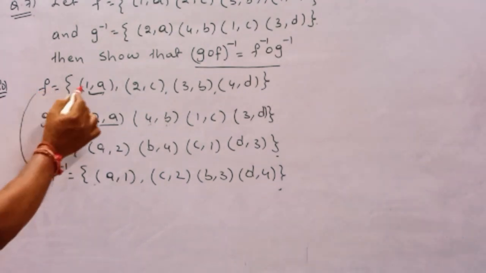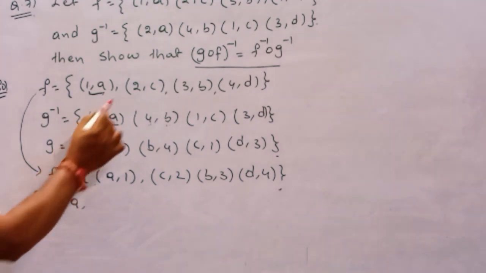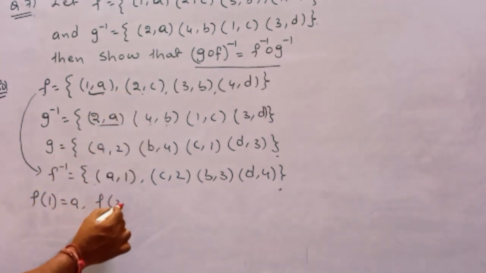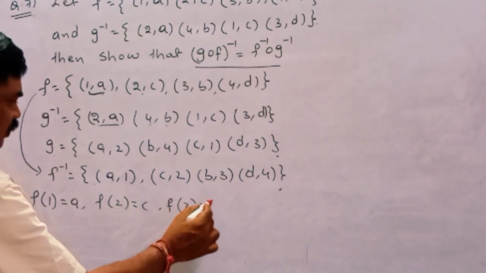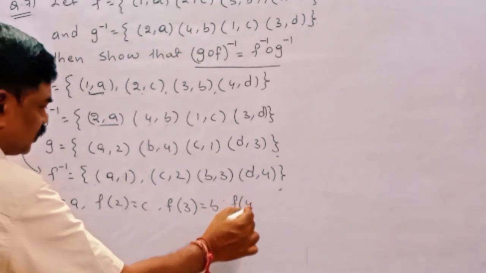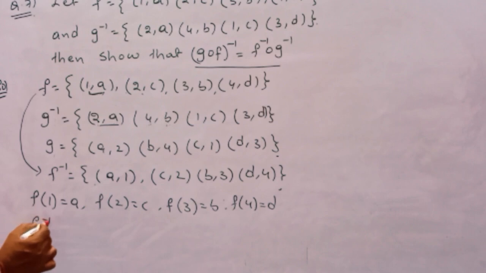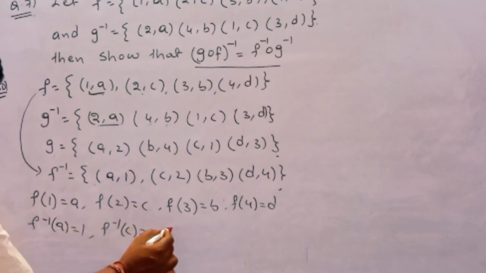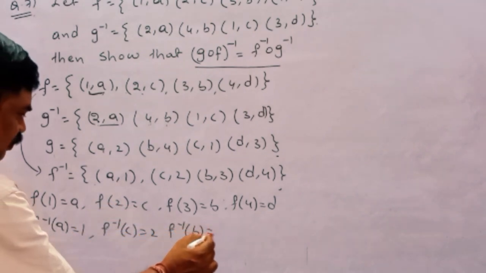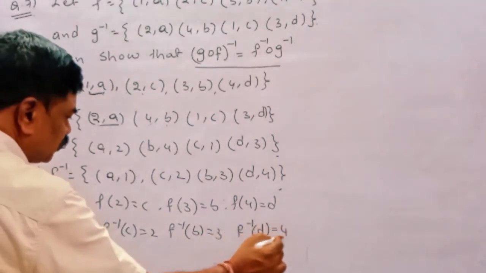Write F of 1 is A, F of 2 is C, F of 3 is B, F of 4 is D. And F inverse of A is 1, F inverse of C is 2, F inverse of B is 3 and F inverse of D is 4.